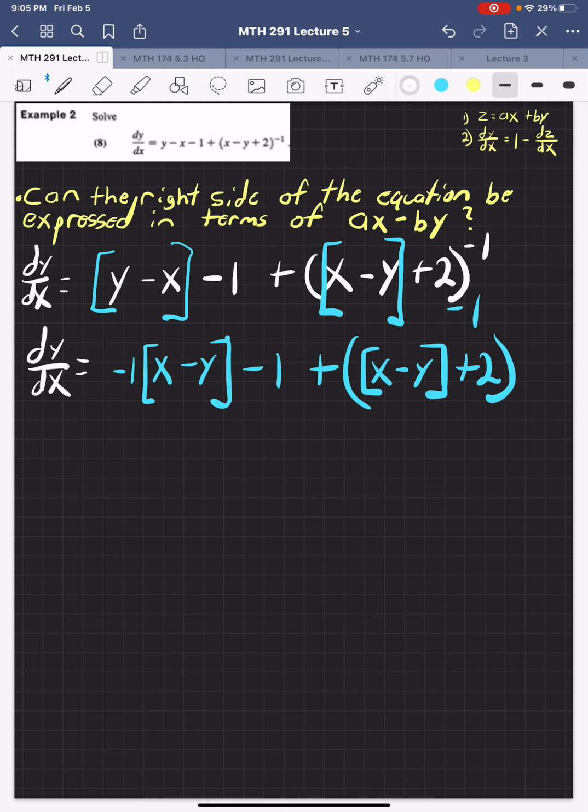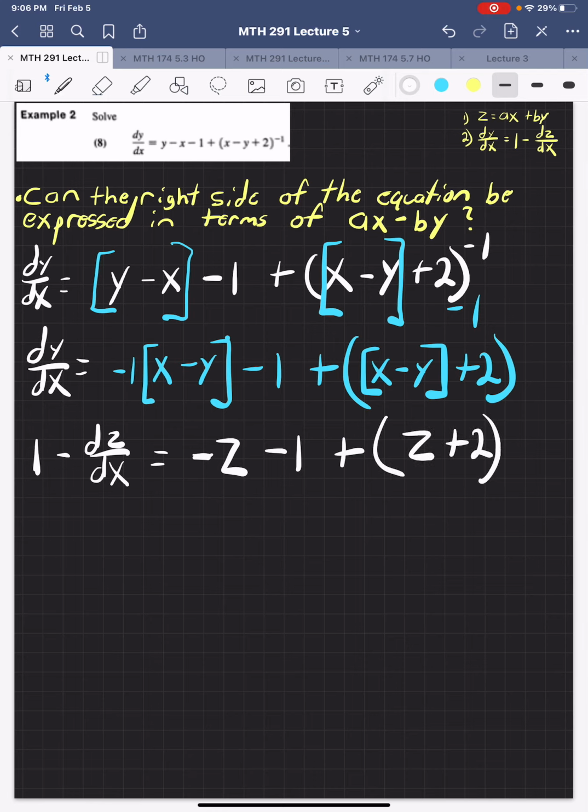So 1 minus dz dx is equal to negative 1, so that's simply going to be negative z minus 1 plus z plus 2 to the power of negative 1.